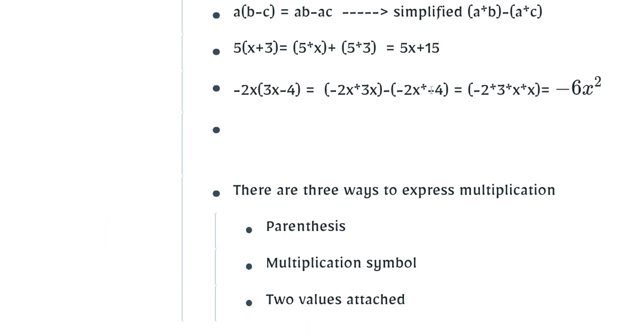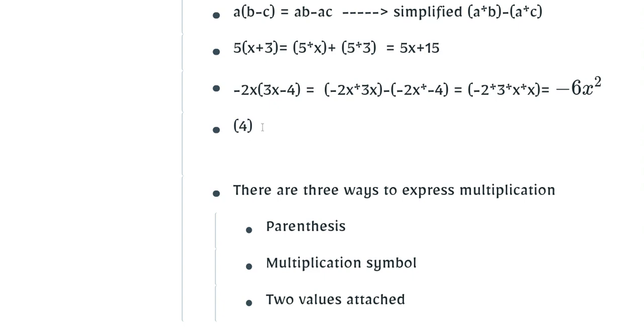Don't worry about this negative sign. Let's solve the bracket first, right? So let's say minus 2x times minus 4. Let's ignore the x first of all. What is minus 2 times minus 4? Minus 6? Repeat.